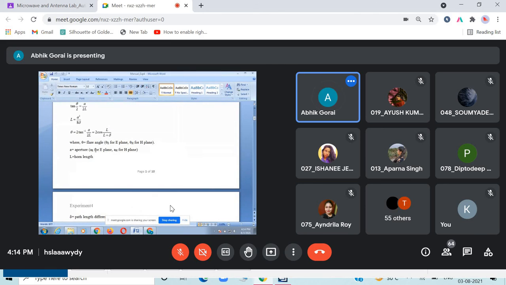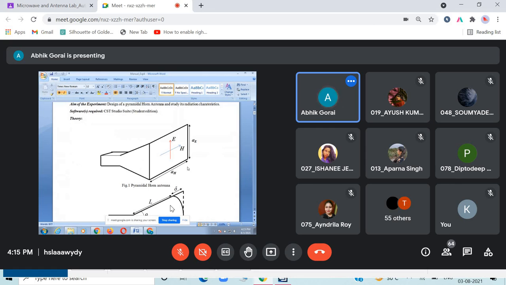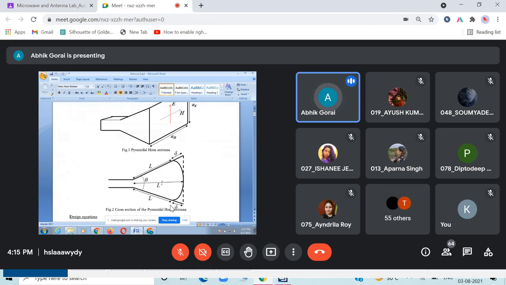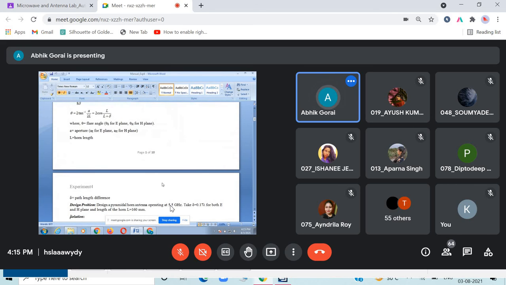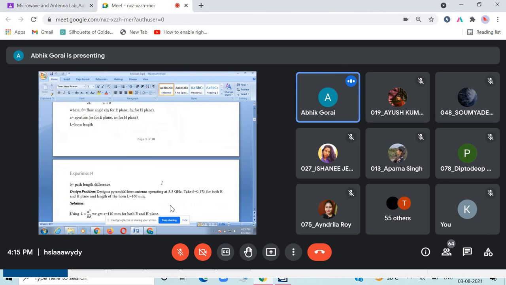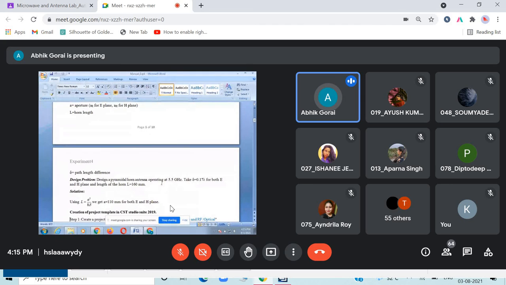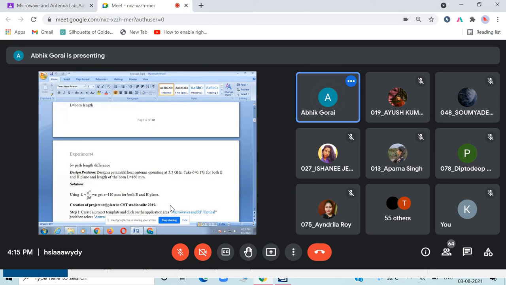The aperture AE for the E plane and AH for the H plane. Both are the same in our problem. Since we are using the formula A squared by 8 delta, and delta is the same for both the E and H planes, AH and AE will be the same.